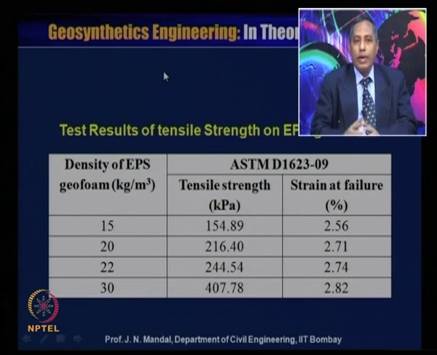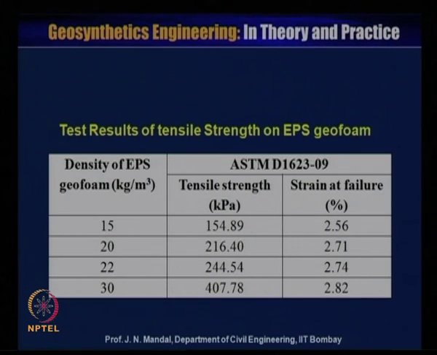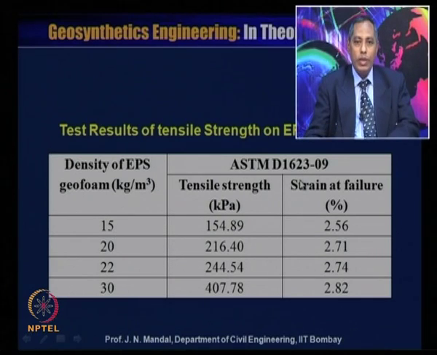Now, this is the test result for the tensile strength of expanded polystyrene geofoam for various densities. When the density of EPS geofoam is 15 kg per meter cube, as per ASTM D1623-09, the tensile strength value is 154.89 kilopascal and strain at failure is 2.56%.